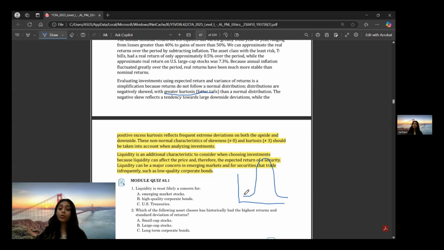So it can go up, that is give you a lot of returns, or it can give you a lot of losses. So what this para tells us is do not assume that returns will be in the form of normal distribution, but it will be in the form of negatively skewed and greater kurtosis type of returns.